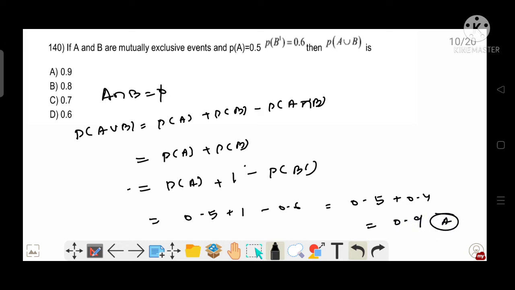Option A is the answer. Okay, move to next.